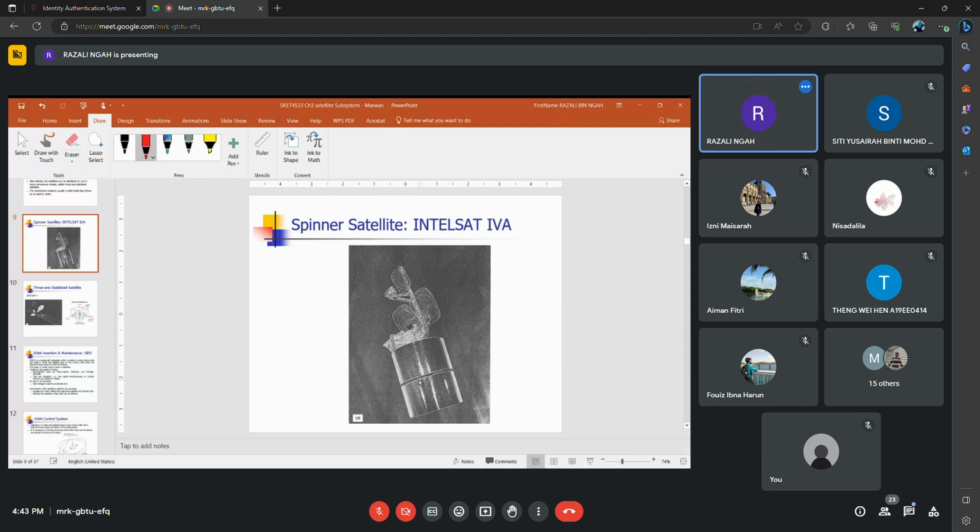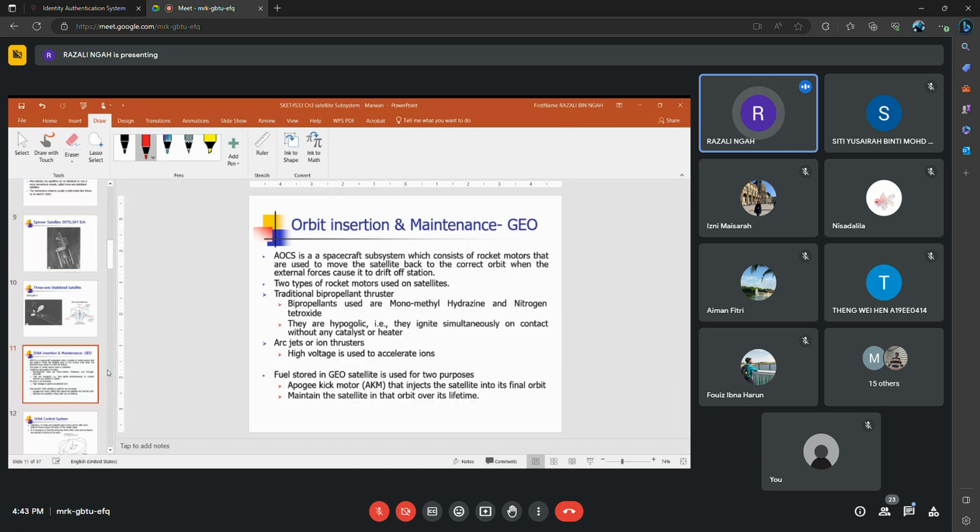The fuel is actually for the rocket motor, which we use to move the satellite back to the correct position. We have two types of rocket motor: one using chemical fuel, and an electric rocket motor. We use high voltage.